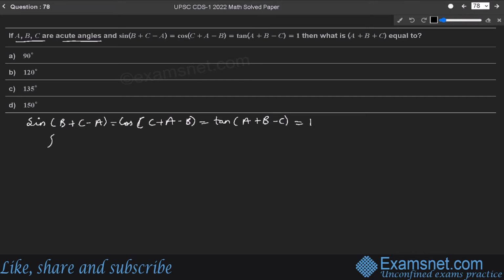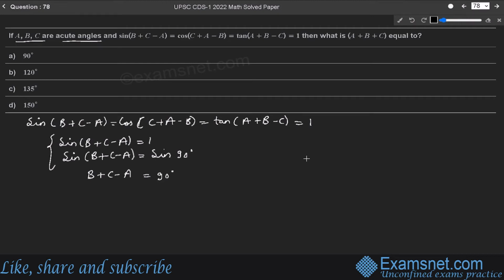Therefore, we can write sin(B + C − A) equals 1. So sin(B + C − A) will be equal to sin 90, because we know that sin 90 is 1. So from here we get B + C − A equals 90 degrees.